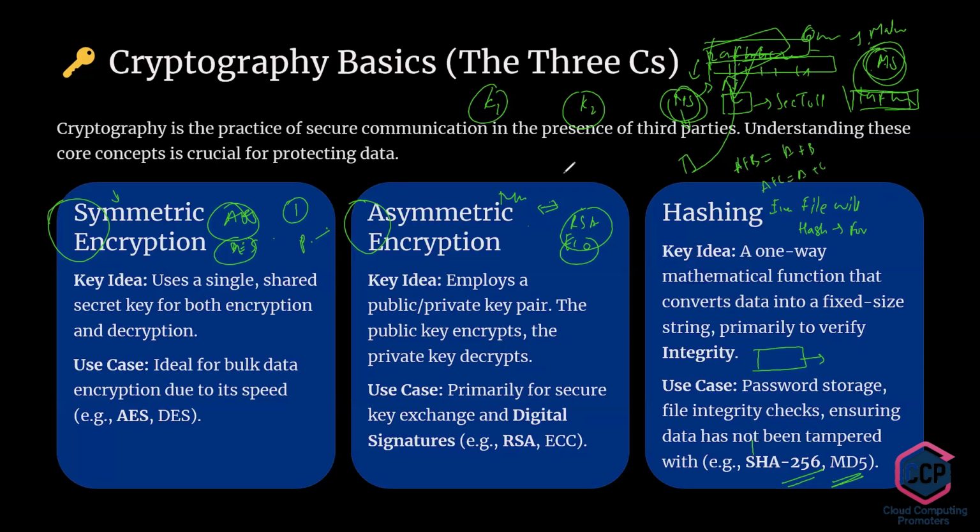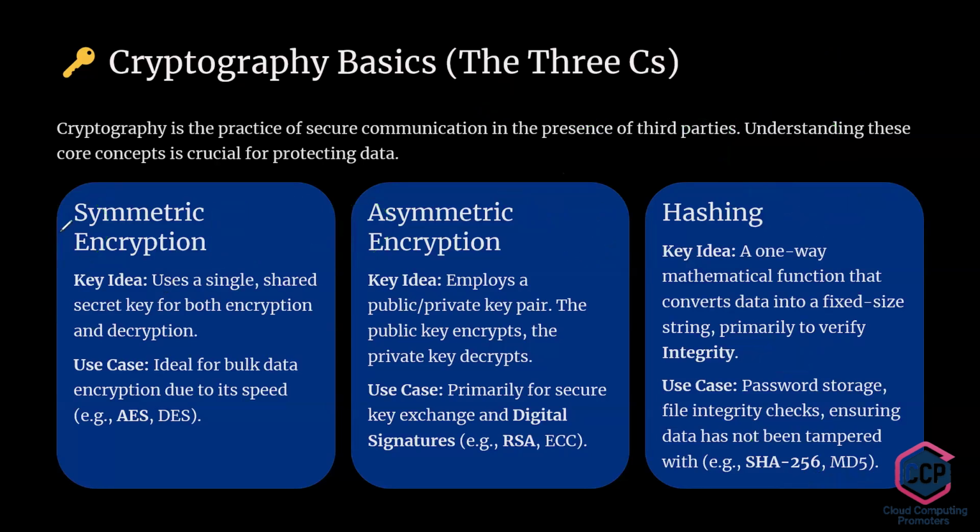So if the file has been manipulated, the algorithm when it runs will give a different output, which is not this one. So it is helpful for us to identify changes and to keep our information secure.